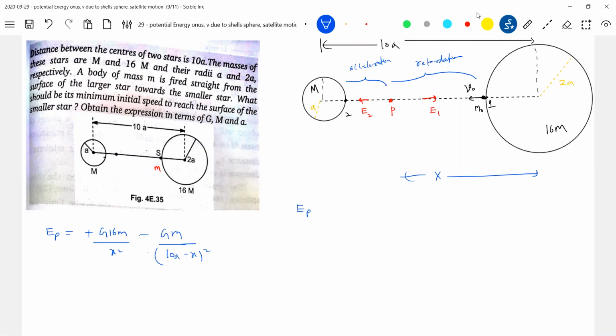Why 16m? The mass of this is 16m. I'm measuring x from the center of this particular sphere. The point P will be at a distance x from the center of the sphere. So this should be equal to 0.